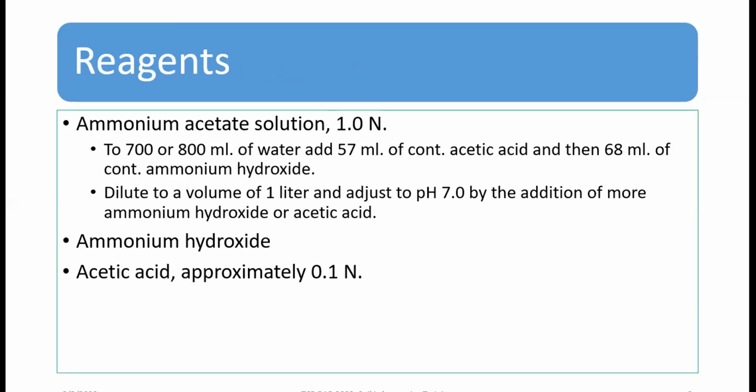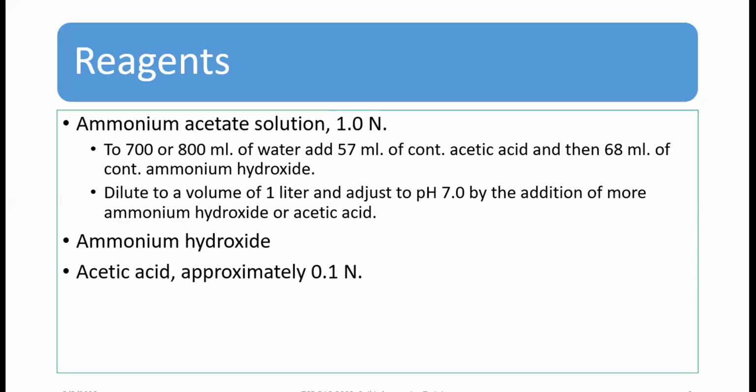Similar to the previous one, to 700 or 800 ml of water, add 57 ml of concentrated acetic acid, and then 68 ml of ammonium hydroxide. Dilute to a volume of 1 liter and adjust the pH to 7.